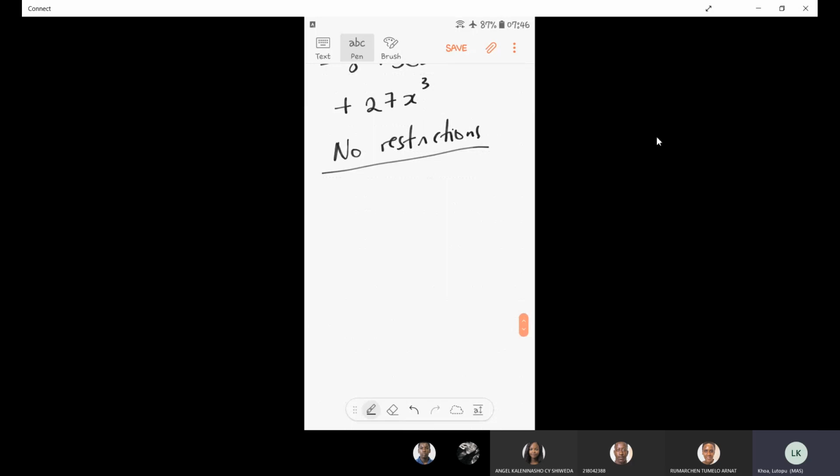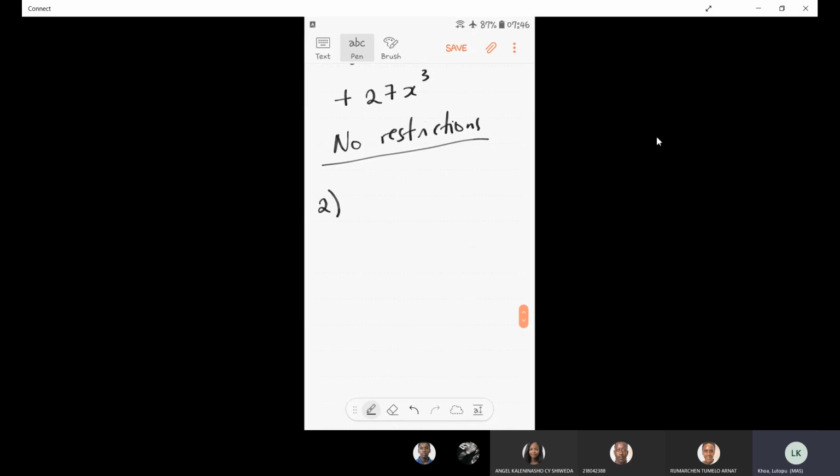Okay, and the next one, 1 minus x to the power of minus 1. Okay, and we have to expand this.